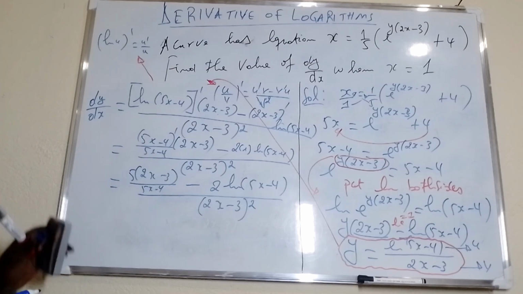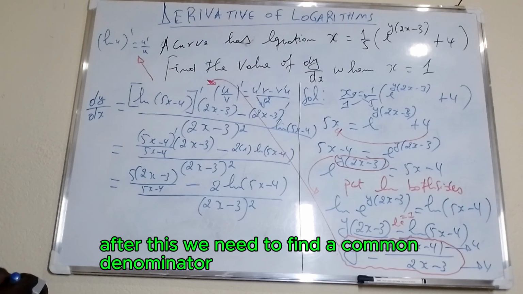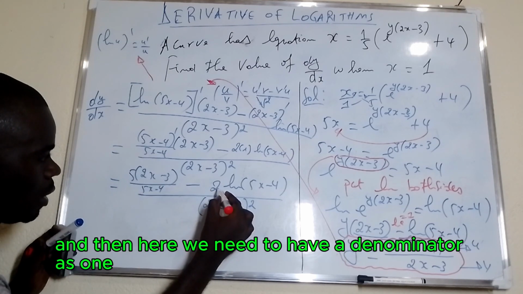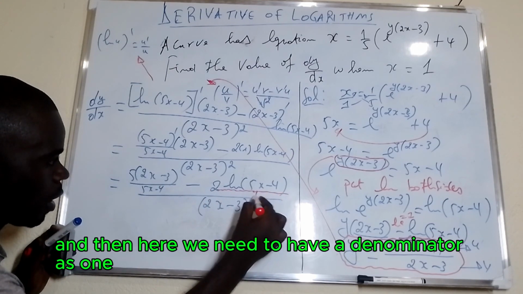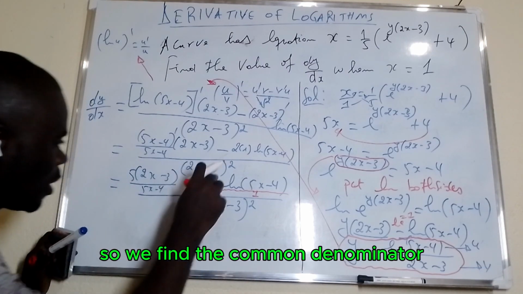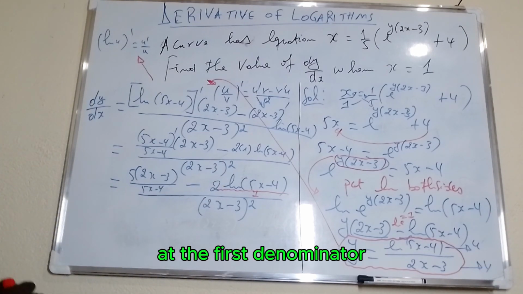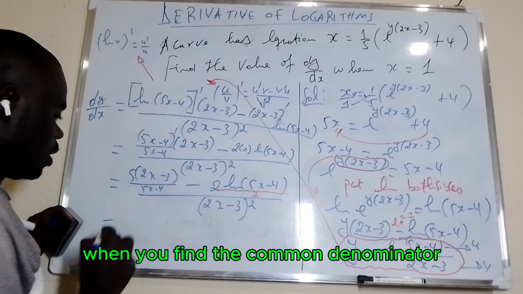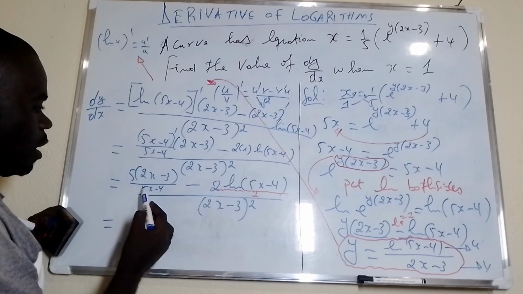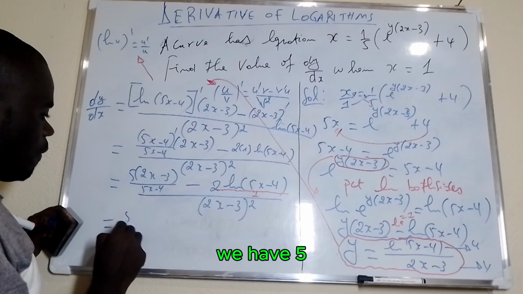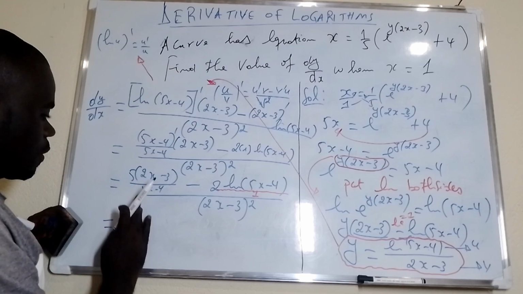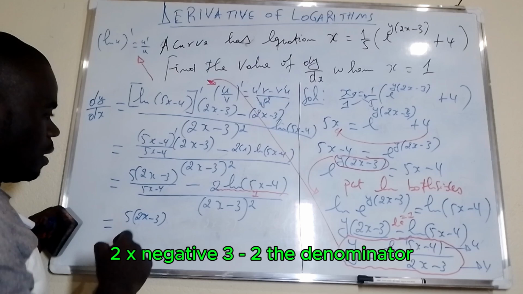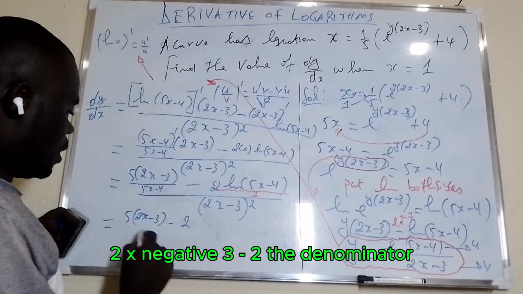Now, after this, we need to find a common denominator at the top. We have this denominator, and then here we need to have a denominator of 1. So we find the common denominator at the first numerator. When we find the common denominator, it will be this one. We have 5(2x - 3) - 2, the denominator.